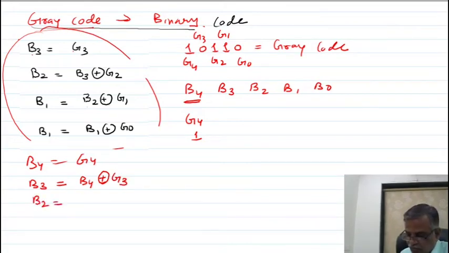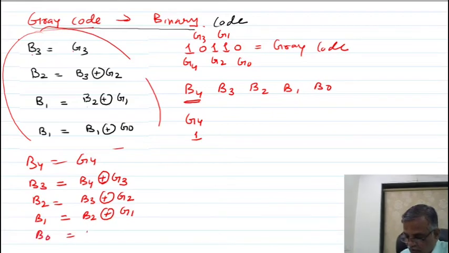What is B2? It is B3 exclusive OR with G2. What is B1? It is B2 exclusive OR with G1. What is B0? It is B1 exclusive OR with G0. You can remember like this if you want: B0, B1, B2, B3, B4 and G0 to G4.